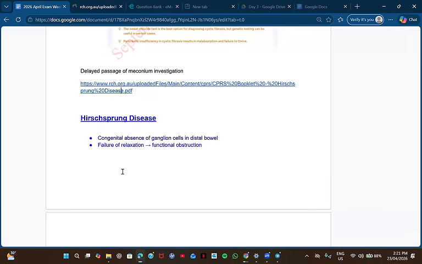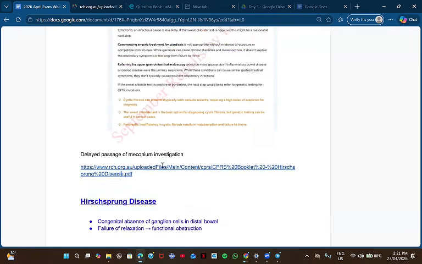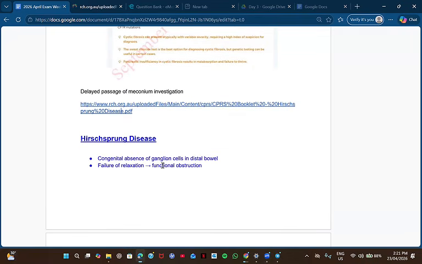So what are the other things? Before that, tell me, delayed passage of meconium usually means failure to pass meconium within how many hours?